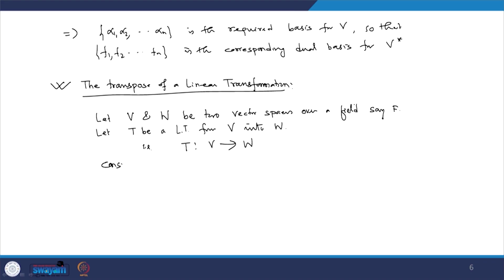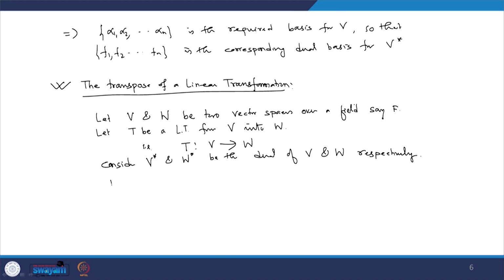Consider V star and W star, the duals of V and W respectively.